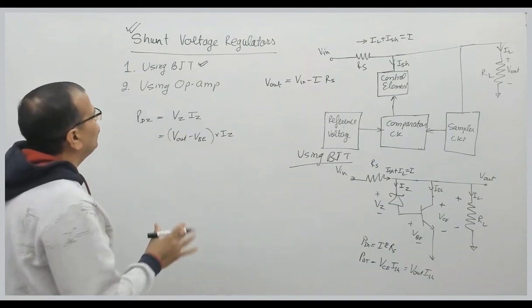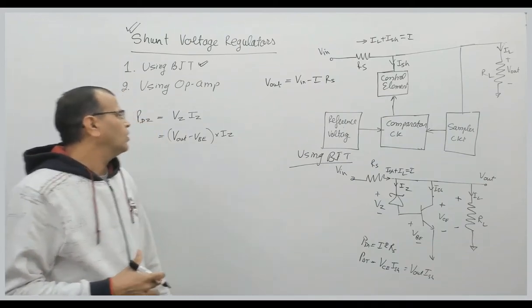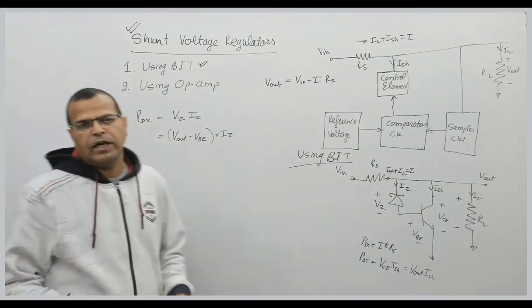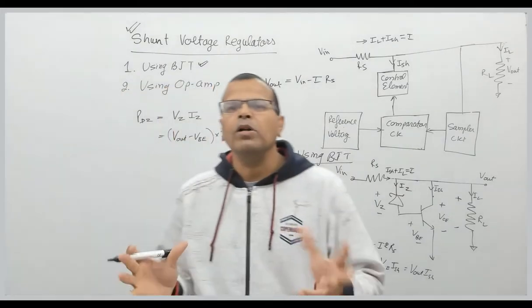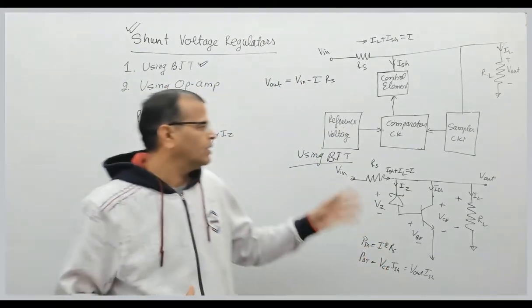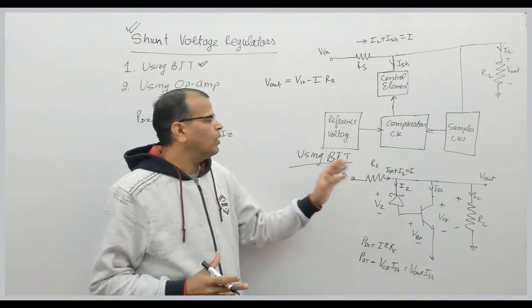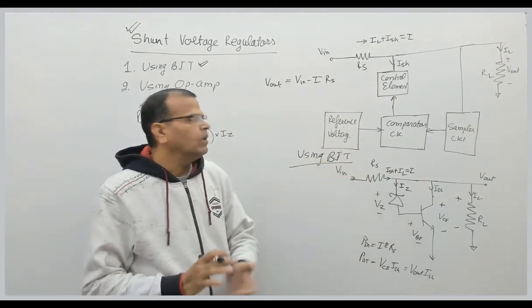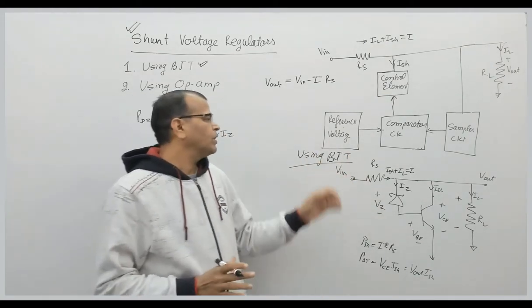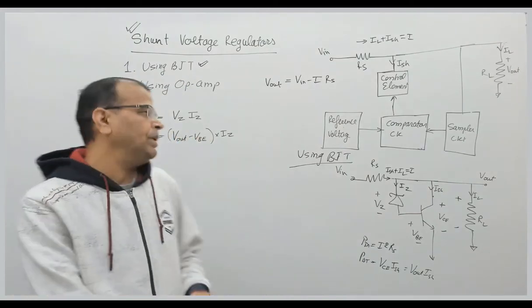So that is how we can find the losses occurring in the Zener diode as well. There can be small questions based on this circuit, so you should be able to handle the questions based on the shunt voltage regulator using BJT.